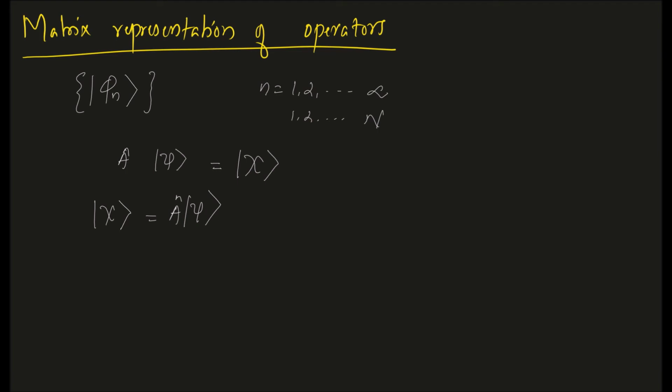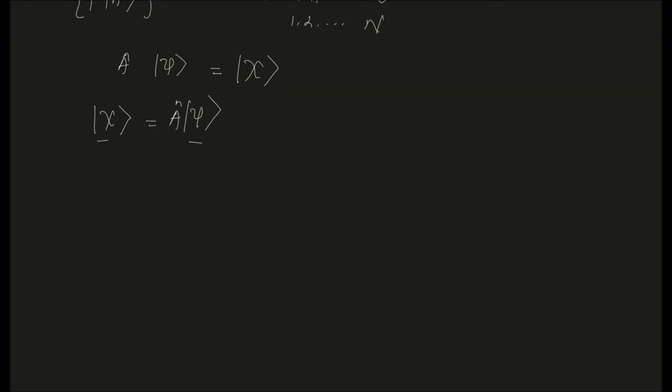Okay, so now we expand both the chi ket and the psi ket in the phi n basis. So how do we do that? We use the completeness property of these bases. So you can write it as sigma n equal to 1 to N, the sum of projection operators of basis vectors, phi n, phi n, chi, because this is basically the identity operator or the unit operator.